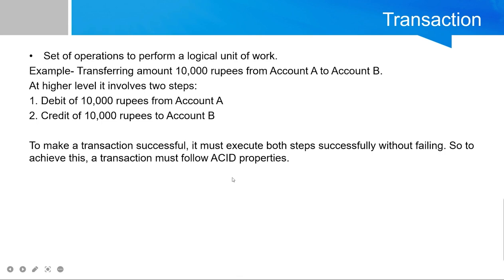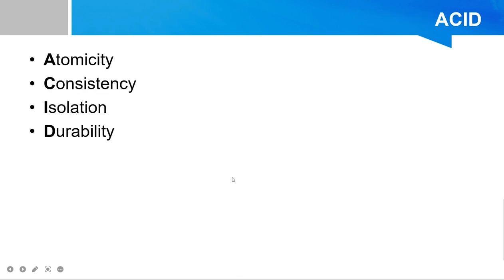In ACID, A refers to atomicity, C to consistency, I to isolation, and D to durability.